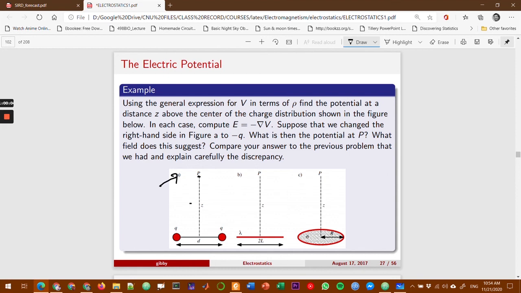We found out that the electric field at point P, the x components cancel, and what only matters is the electric field in the z hat direction. This time around, we will solve this not directly for the electric field, but we'll calculate first the potential V. And then we'll get the electric field later by using this formula. Right?